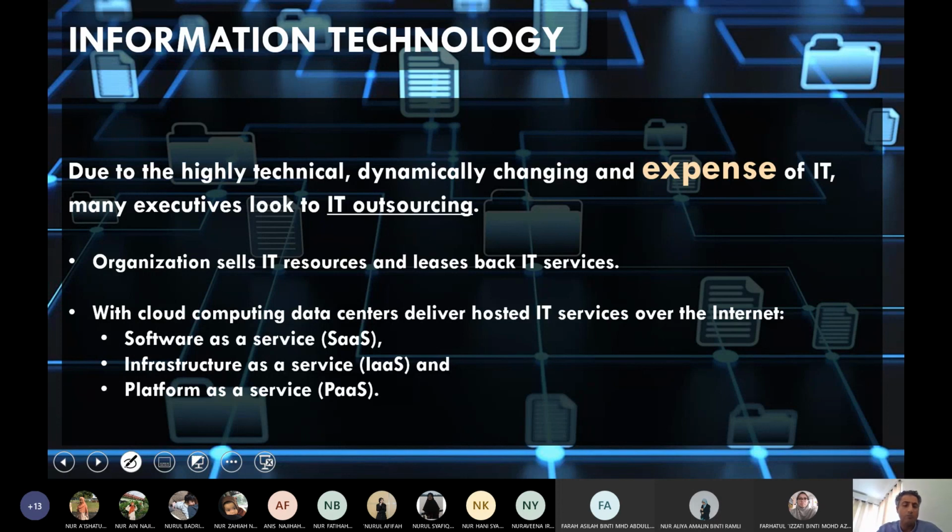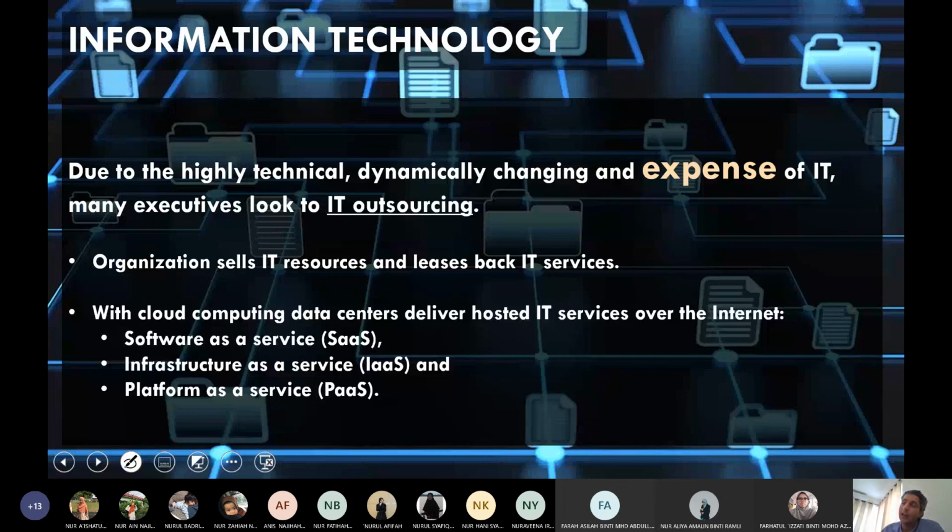So some companies' top management intend to outsource IT, to look for IT specialized companies to handle the IT updating and also the system. And for that, the organization sells IT resources and leases back IT services.